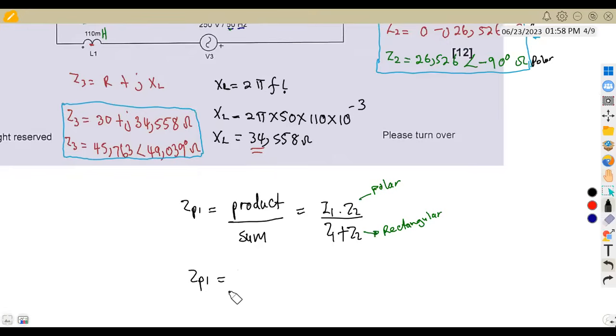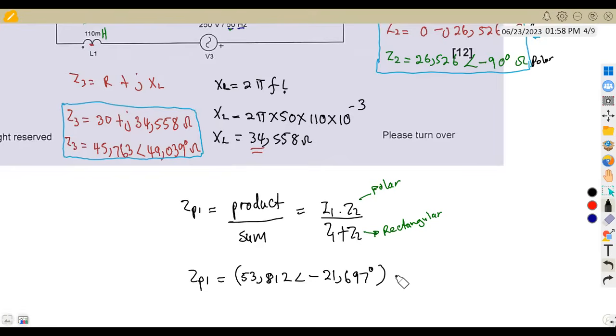Like I said, Z1 is 53.812, sorry, angle of minus 21.697 degrees.